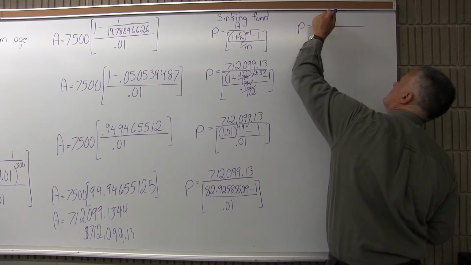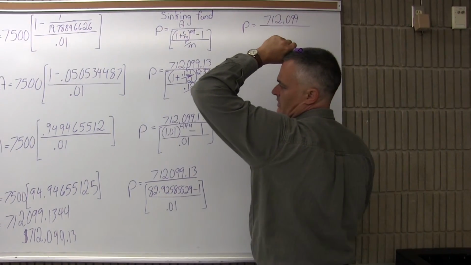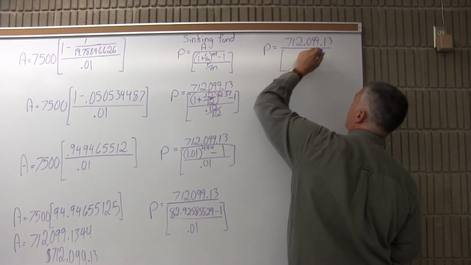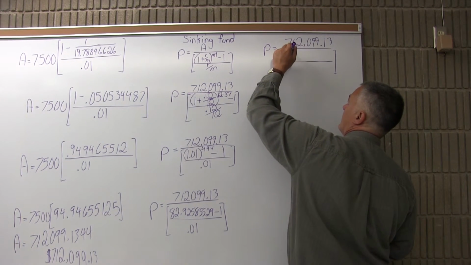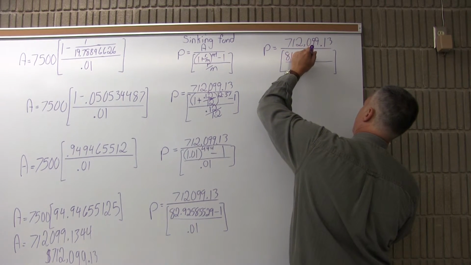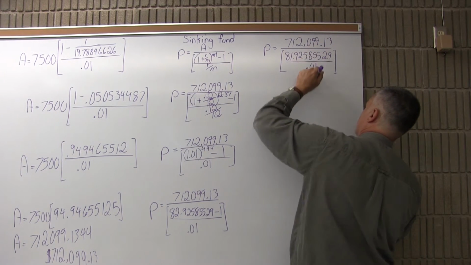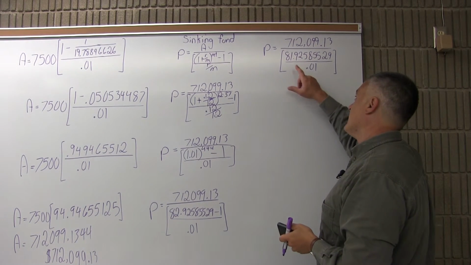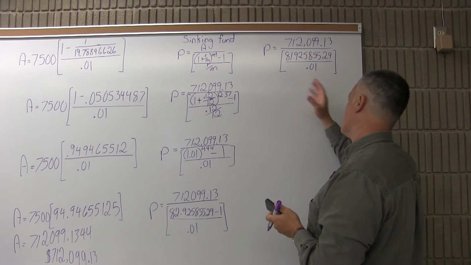So that gives me P equals $712,099.13, and then I have some brackets below that. In the numerator of the brackets, I will have 81.92585529, and in the denominator of the brackets, 0.01. So now in the brackets, I'm going to divide 81.92585529 divided by 0.01, which is just going to be the same number.